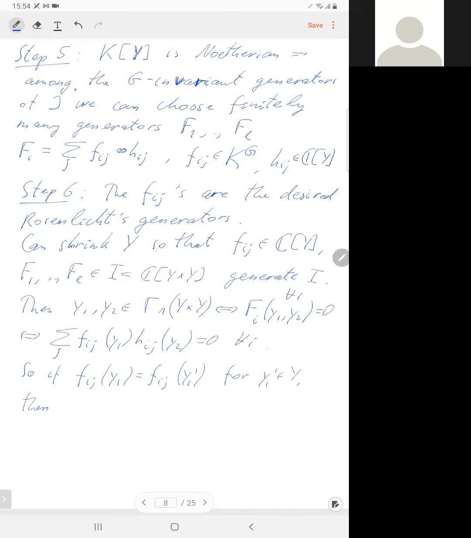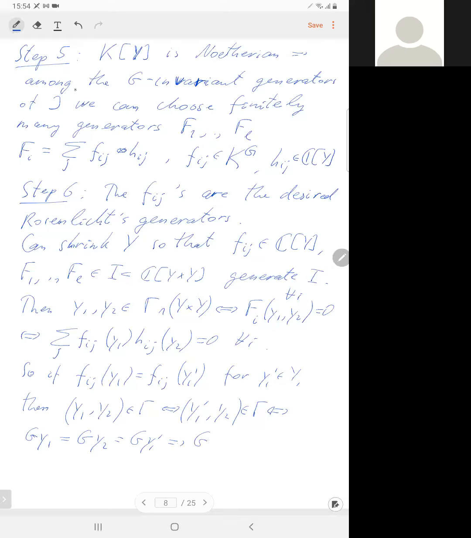then by definition of this ideal, the pair y_1, y_2 lies in the graph if y_1 prime, y_2 lies in the graph, and this is equivalent to g y_1 equal g y_2 equal g y_1 prime.